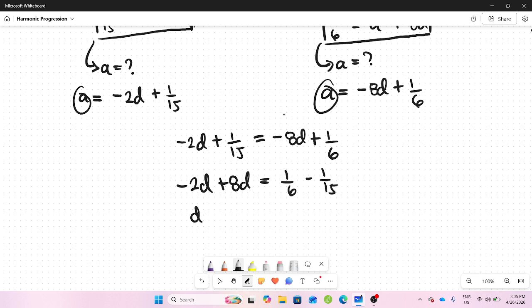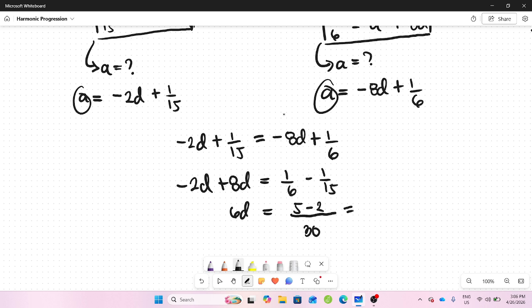So we get here 6d equals, so here I think the common denominator will be 30. So 30 divided by 6, that's going to be 5. 5 times 1 is just 5. Then 30 divided by 15 is 2, times negative 1, we have negative 2.